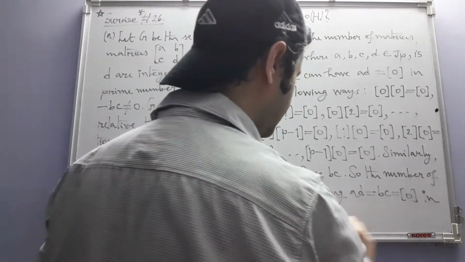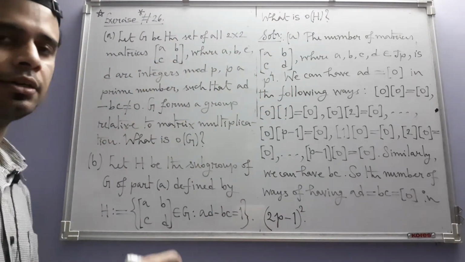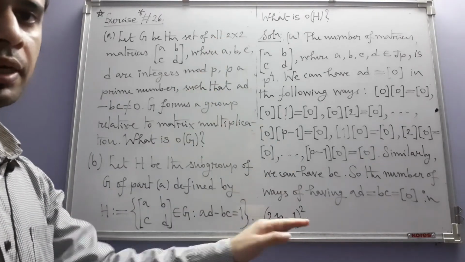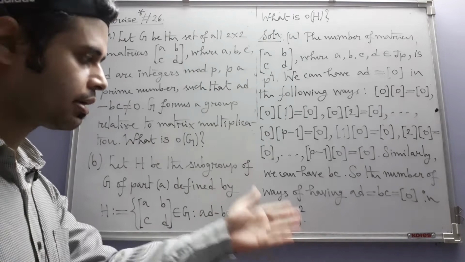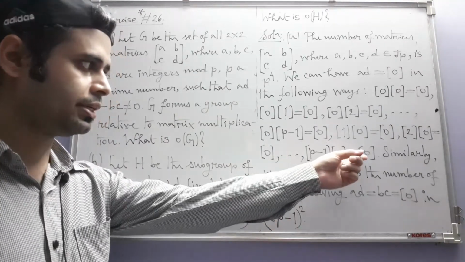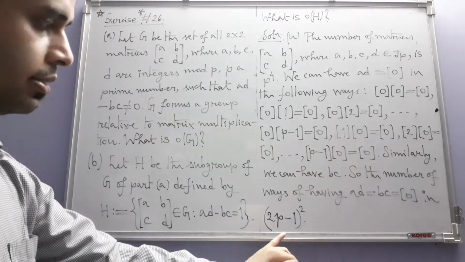This, however, we cannot do by considering 1 and 2 and then 3, because now P is general, so we have to take a general integer between 1 and P minus 1. For the case 0, we have already calculated this number.